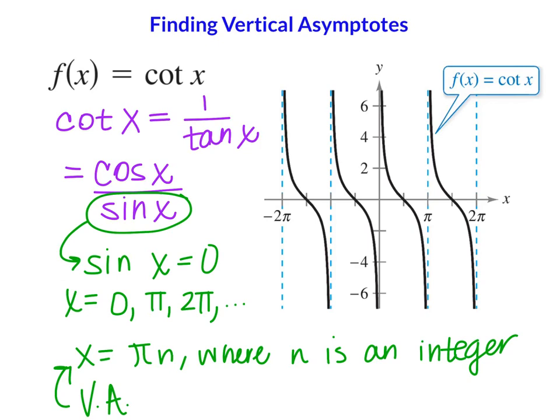Going to set that equal to 0, and what values of x in terms of pi make sine 0 according to the unit circle? That's 0, pi, 2 pi, etc. So I can write it as a repeating x value. I write it as x equals pi n, where n is an integer, so it's going to repeat every 1, 2, 3, etc. Those are going to be my vertical asymptotes for cotangent of x.